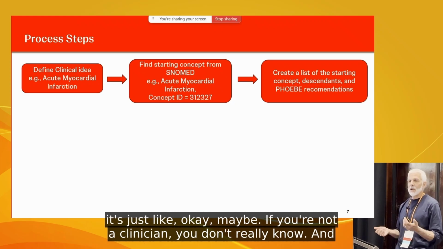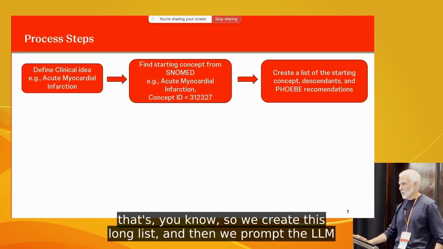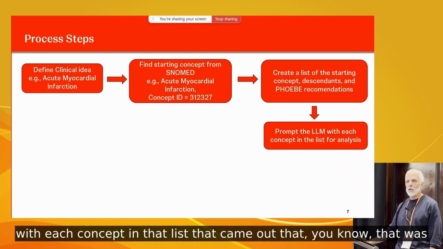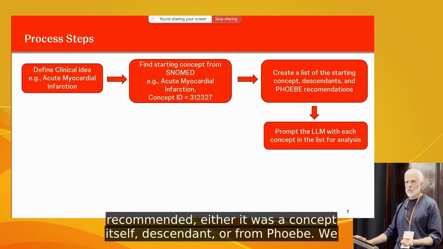If you're not a clinician, you don't really know. So we create this long list, and then we prompt the LLM with each concept in that list that was recommended, either the concept itself, a descendant, or from Phoebe.